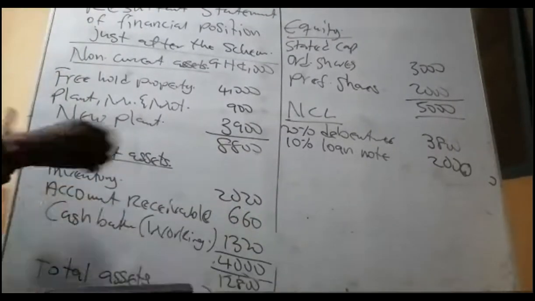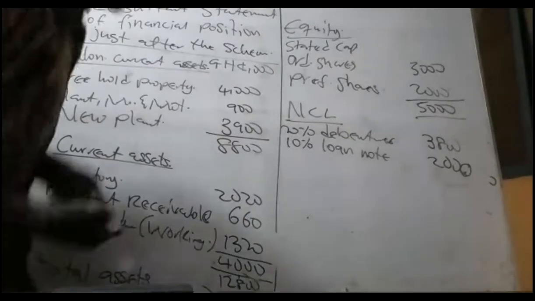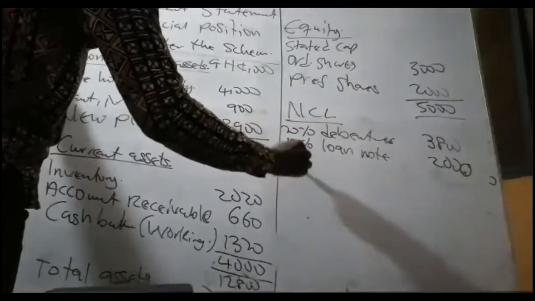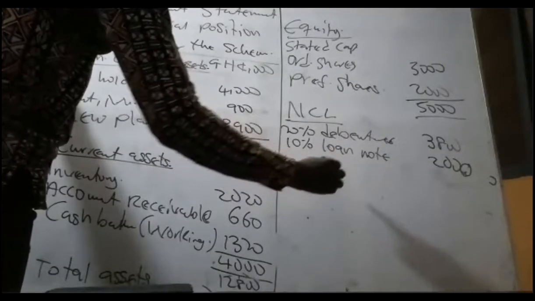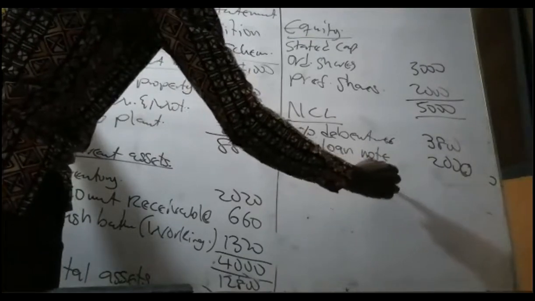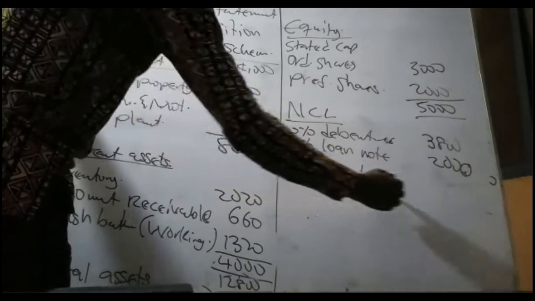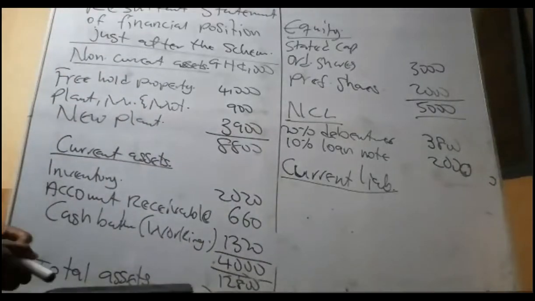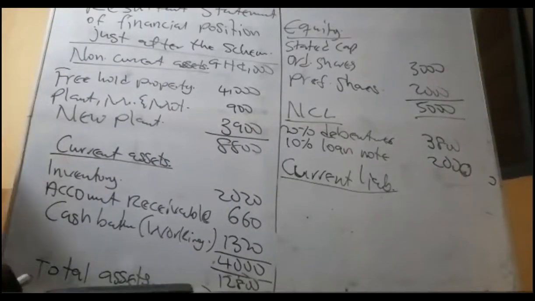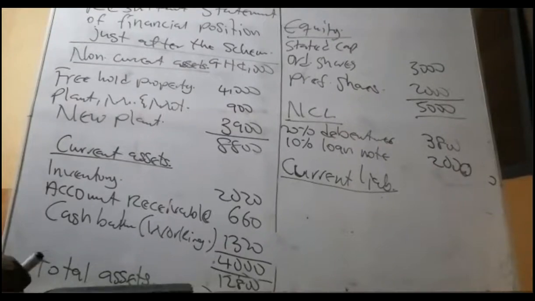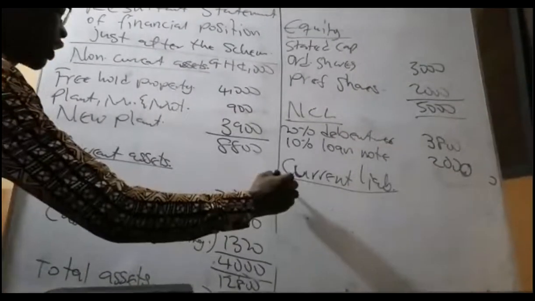Then you go to your current liability. If you go by the humble advice, it said pay all and leave one. So in this question, we left only the bank overdrafts.